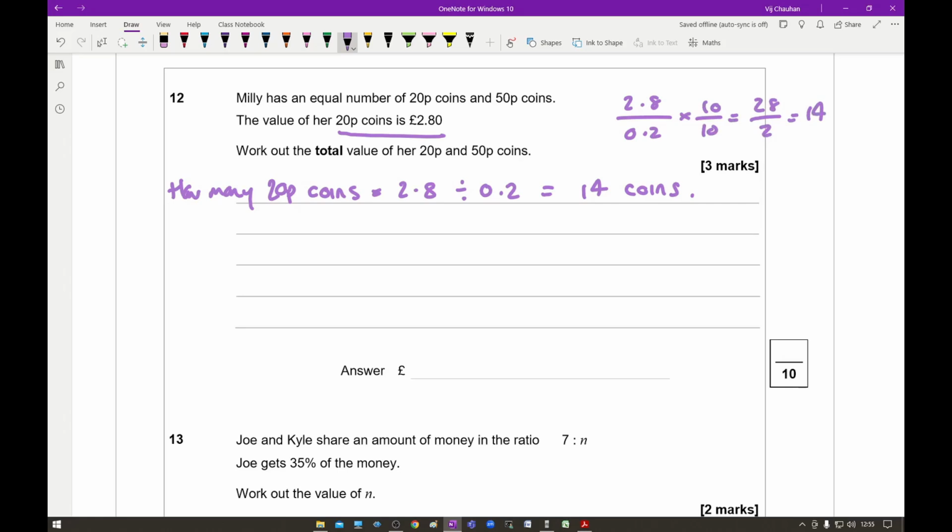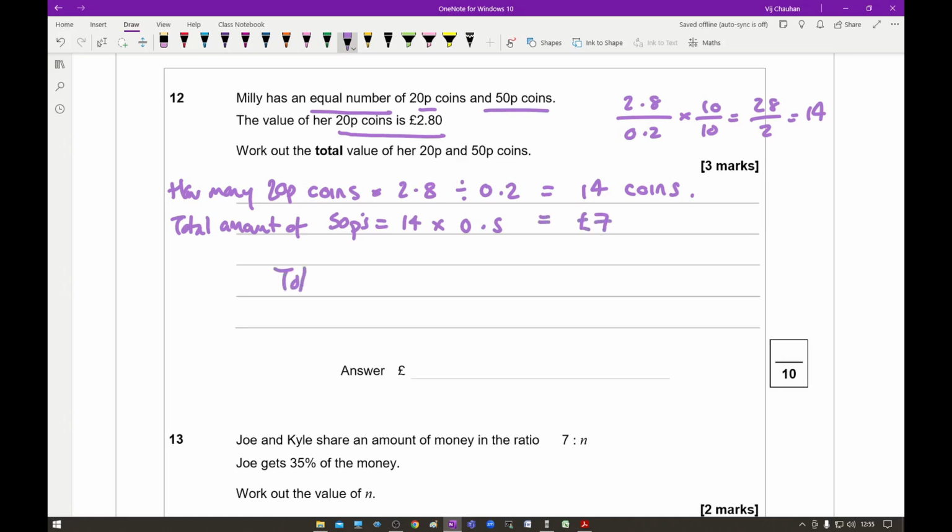So there I've got 14 coins. Now to work out the total amount of 50p's, that's going to be 14 times 0.5, because remember that Millie has an equal number of 20p coins and 50p coins, and that's going to come up to a total of £7.